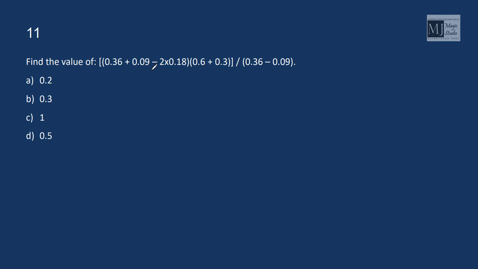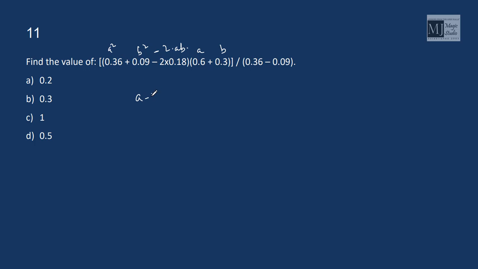Find the value of this. As it's always suggested, convert them into algebraic format. This is A, this is A square. So if I take this as AB, this is A square, B square minus 2AB is 0.8.